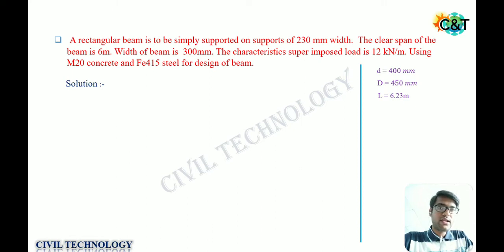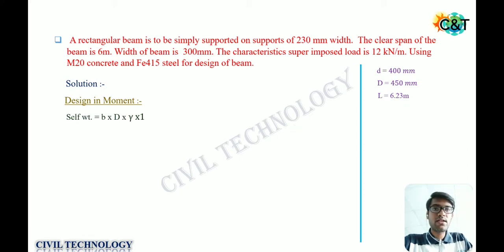Next step, we can design the reinforcement of our rectangular beam. We design the beam for the moment condition. For that we have to calculate the moments, and for moments we have to calculate the loads coming to the rectangular beam. First we calculate the self weight of our beam.